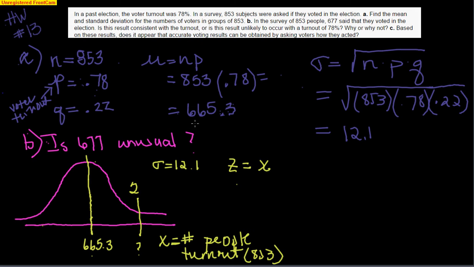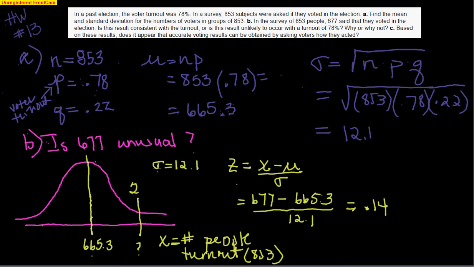The formula for finding the z-score is x minus the mean over the standard deviation. So in this case, it is 677 minus 665.3 divided by our standard deviation of 12.1, and you can just do that all on the calculator. And it will yield us a z-score of 0.14.